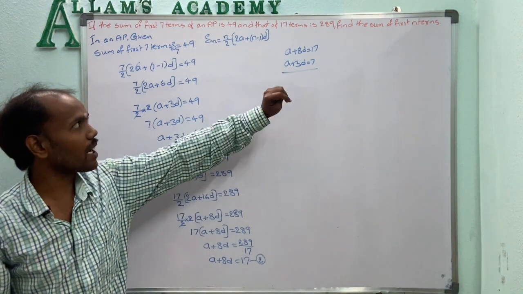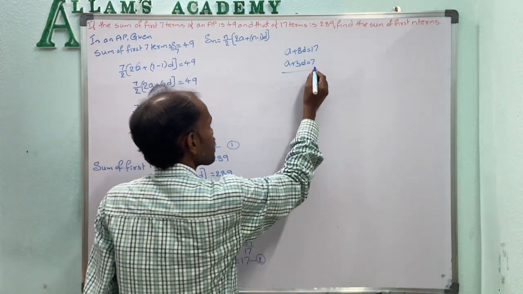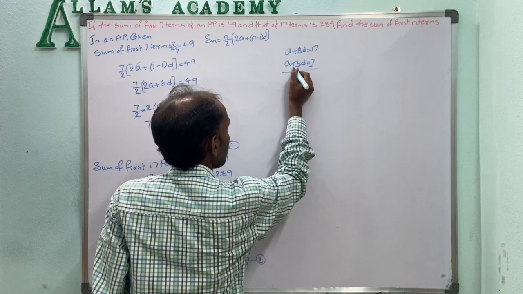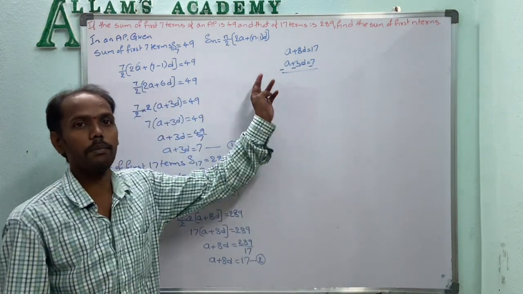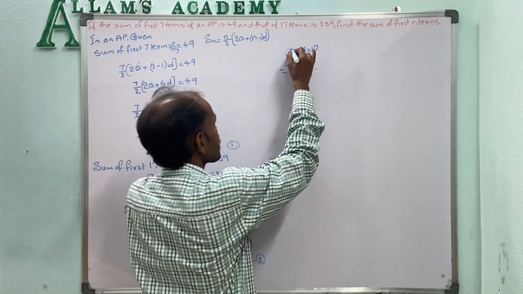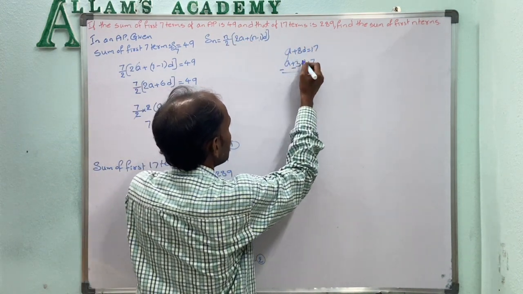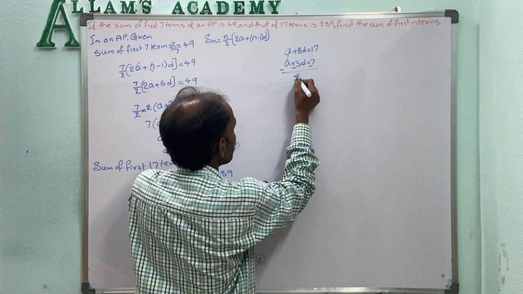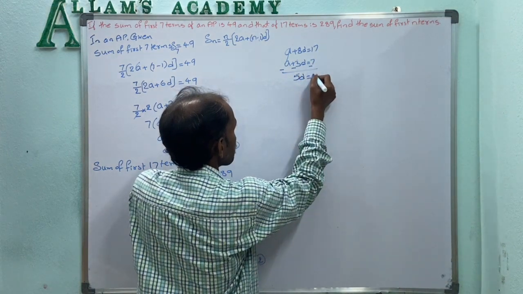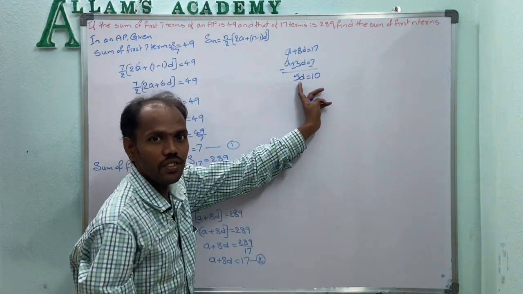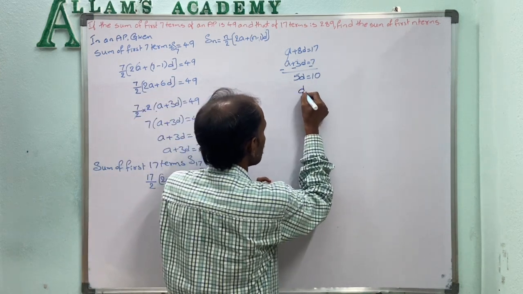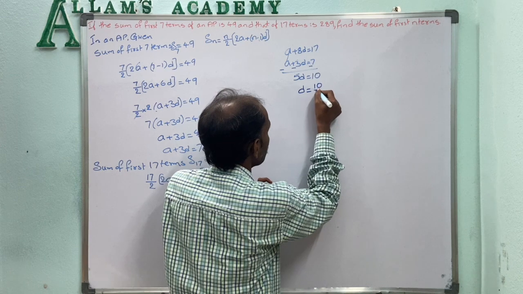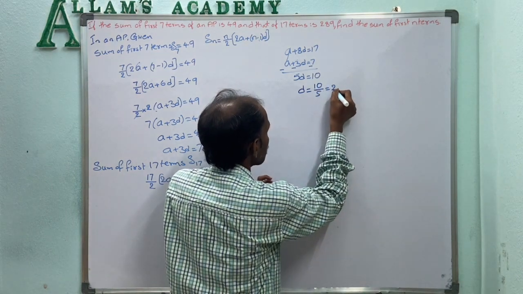Now if we subtract, we have to change the signs. So plus 7 will be minus 7, plus 3d will be minus 3d, and plus a will be minus a. Minus a gets cancelled. 8d minus 3d equals 5d, 17 minus 7 equals 10. So 5 into d equal to 10. So multiplication 5 transfers to RHS, that is division, that is nothing but 10 by 5. So 10 by 5 is equal to 2.